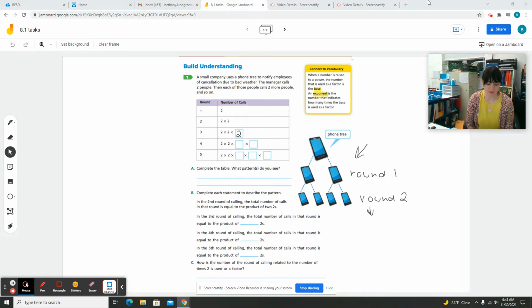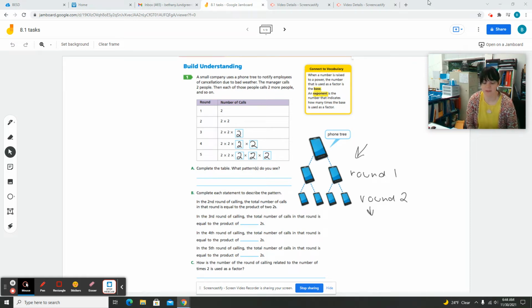And so now we have 2 times 2 times 2 times 2 for the fourth round. And then we can just keep going. When we complete this table, we notice that there is a pattern, right?